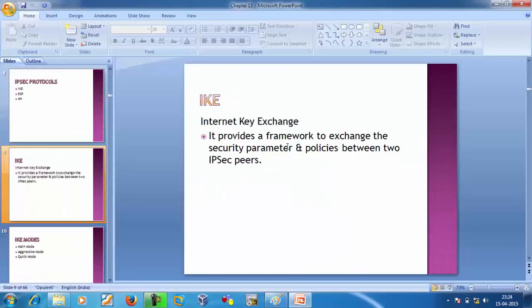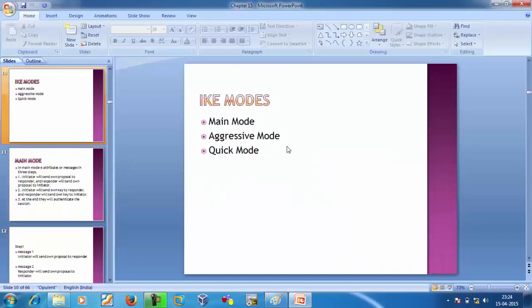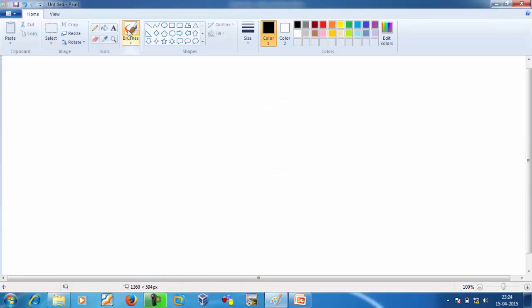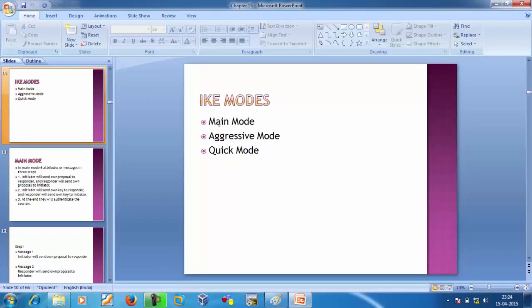Next is IKE modes. When we discuss IKE, IKE uses some modes: main mode, aggressive mode, and quick mode. For understanding, we require a clean diagram here. Same here, this is branch 1 and this is branch 2. Now main mode.